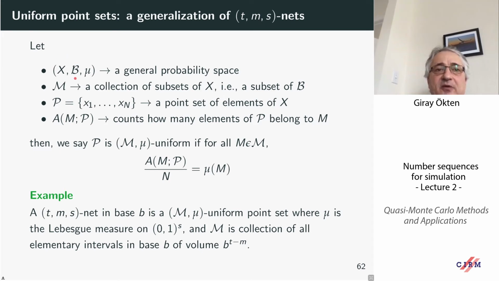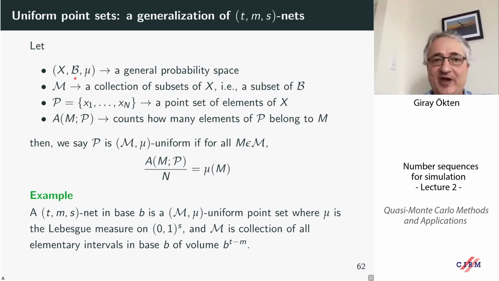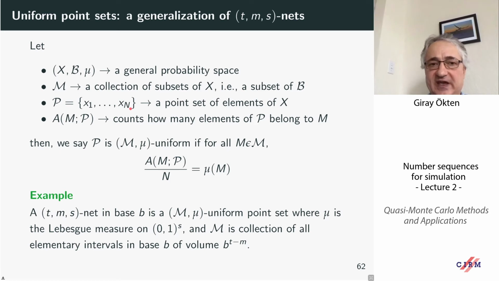Picture in your mind a space X, draw some space X, a Venn diagram in your mind. And you put a measure on it, mu, and then you have measurable spaces. And on this space, you have a script M, which is a collection of subsets of X. And then you have script P, which is a point set of elements of this space X.